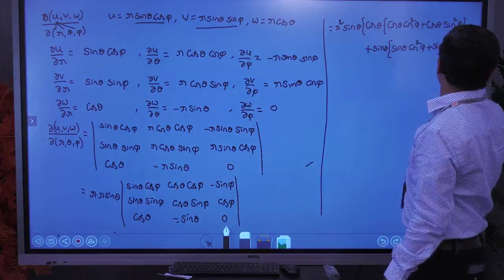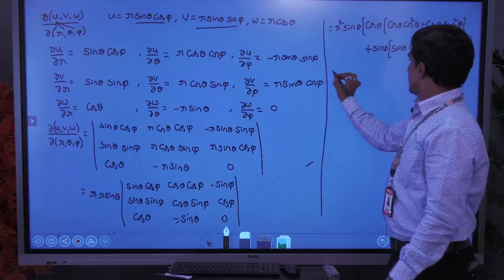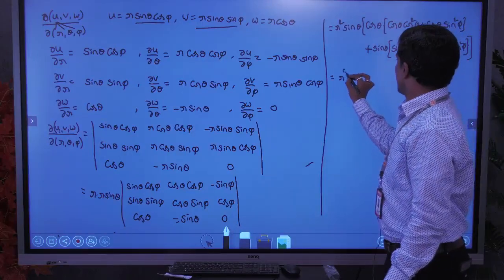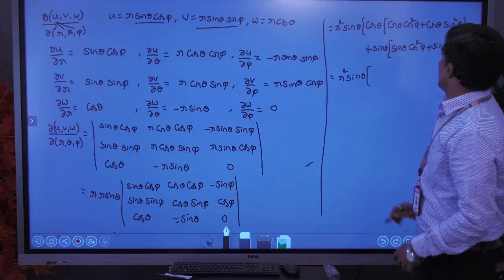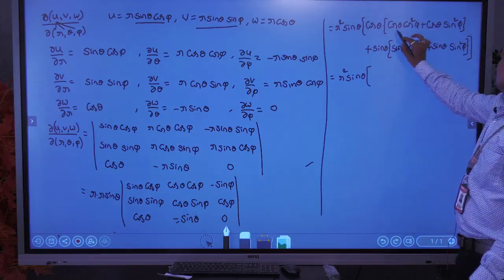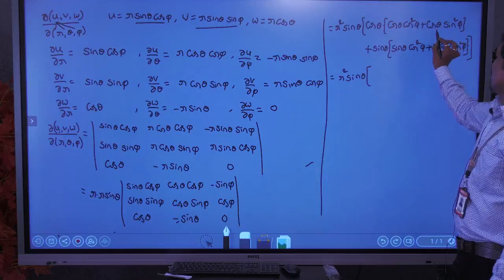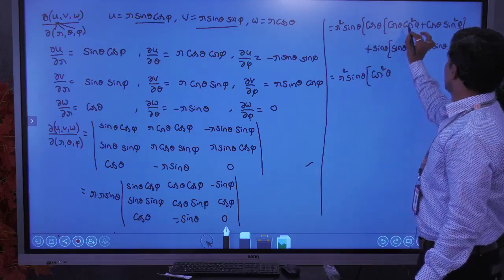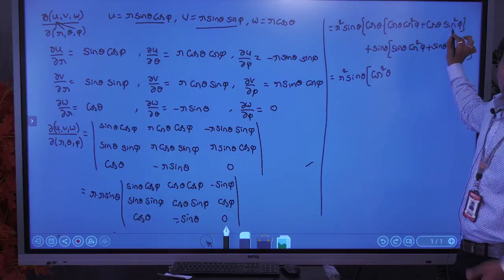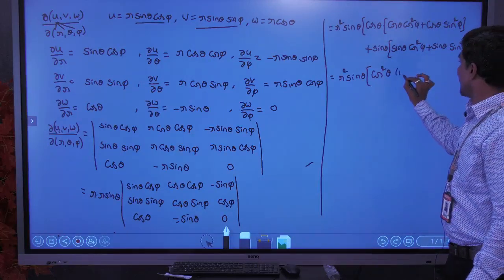So finally we get this one, here r square sin theta. Now what is the common value in this? In these two terms cos theta is common, take it common, we get cos square theta times cos square plus sin square, and cos square plus sin square is clearly 1.